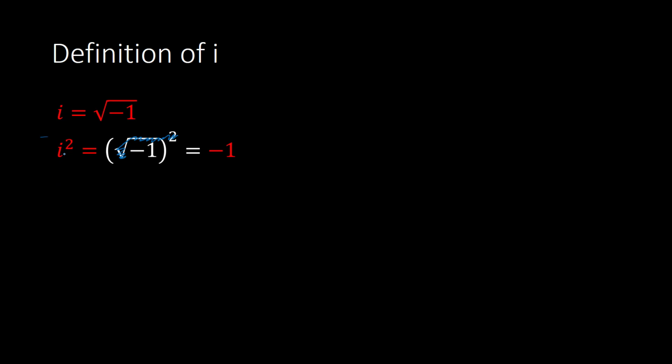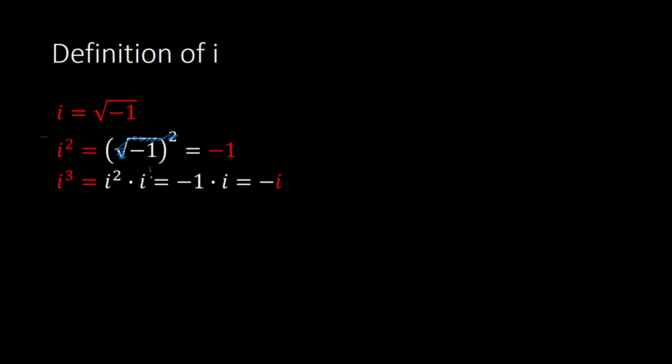And then we'll continue this. If we raise i to the third power, what we can think of it as is i squared times i. We've learned that if you multiply two variables together with the same base and the exponents are given to you, then you can add the exponents. In this case, the exponent is a 2, and then here's an unwritten 1.